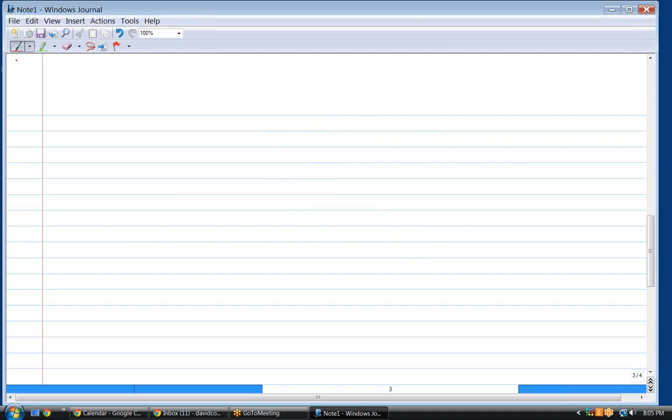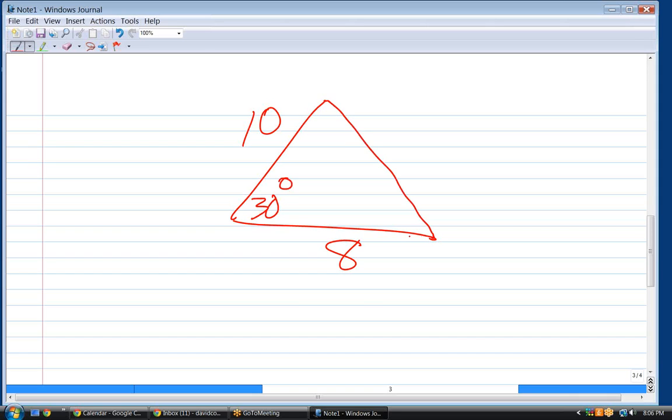Here, I'll give you a little quiz. You start out using the law of sines or the law of cosines to solve this triangle?